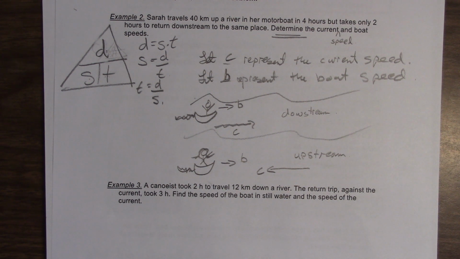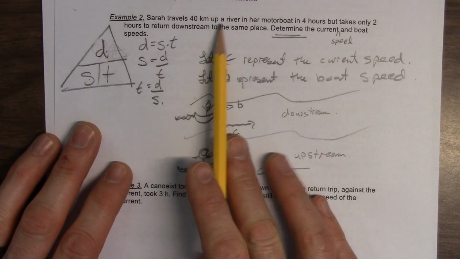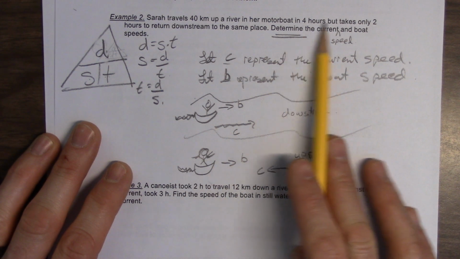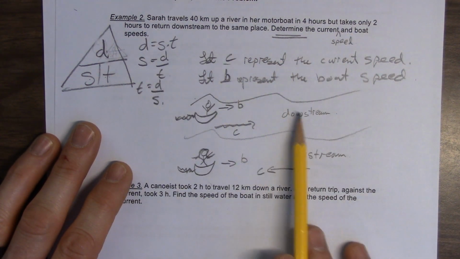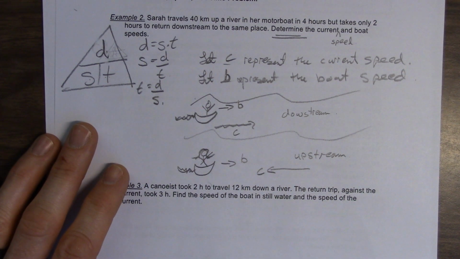Now, how did I come up with that drawing? How did I figure that out? With the context of the question. Yeah, I read the question. I thought about it. Sarah travels 40 kilometers up a river in her motorboat in 4 hours, but takes only 2 hours to return downstream. Okay, so I have to think about it. What is upstream? What is downstream?